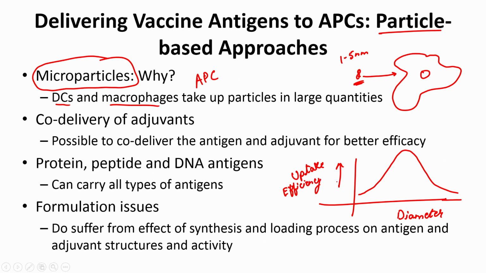Now if I want to deliver subunit vaccine, what I am finding is as the diameter is decreasing, the amount of uptake in the antigen presenting cell is also getting lower and lower.